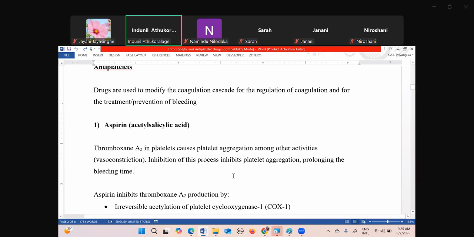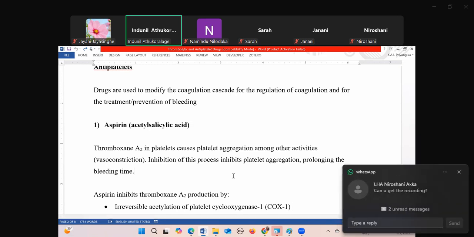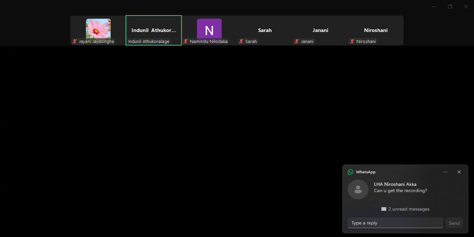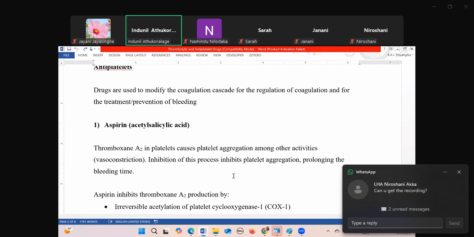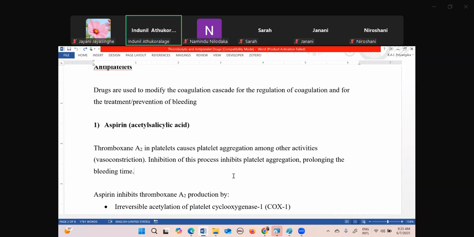Okay, so antiplatelet drugs are used to modify the coagulation cascade for the regulation of coagulation and for the treatment and prevention of thrombosis.